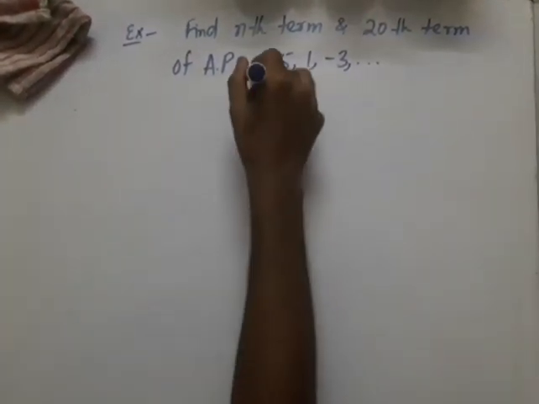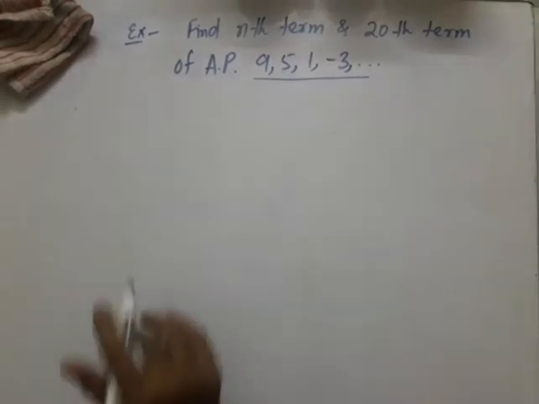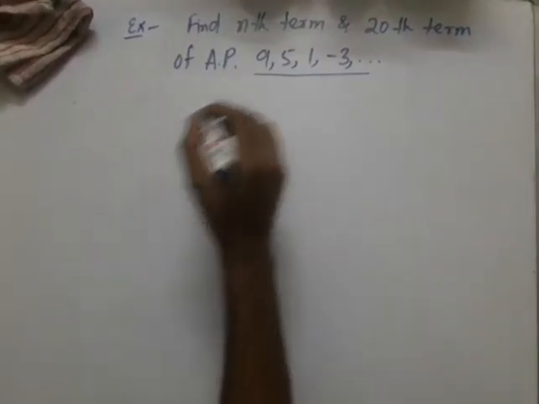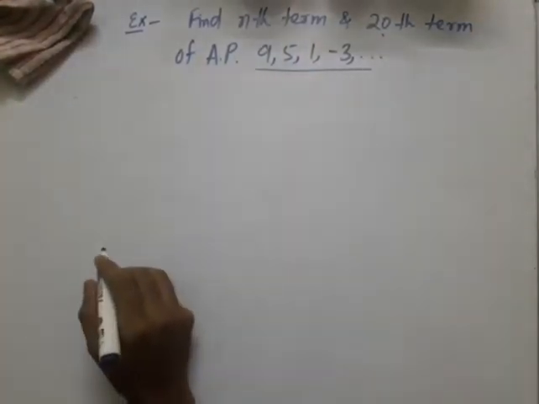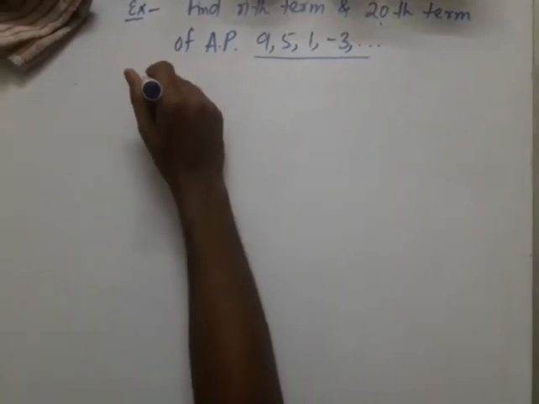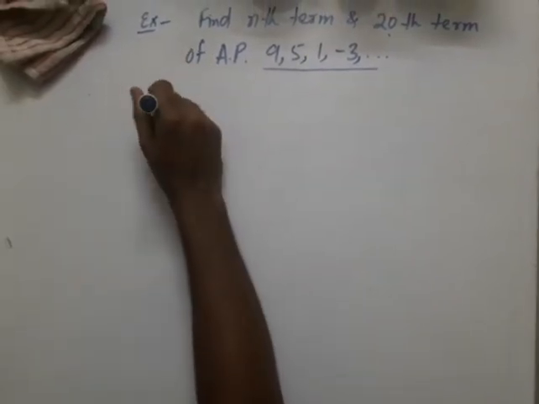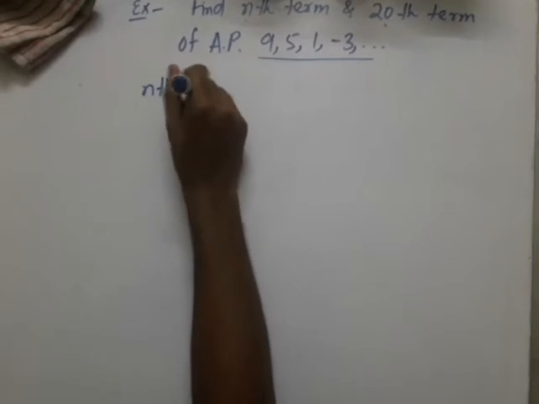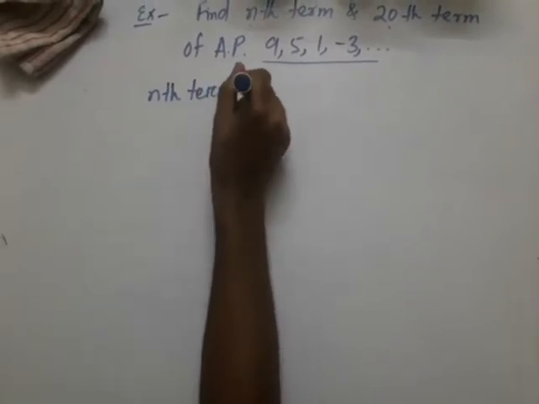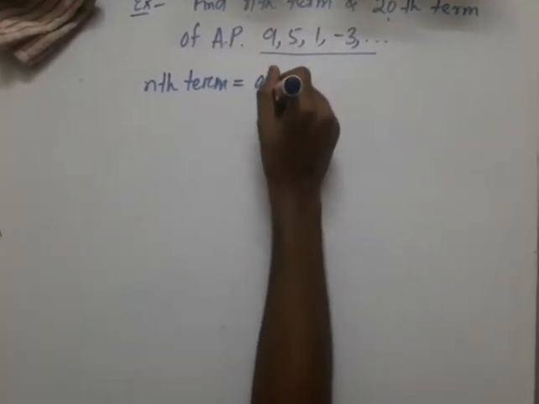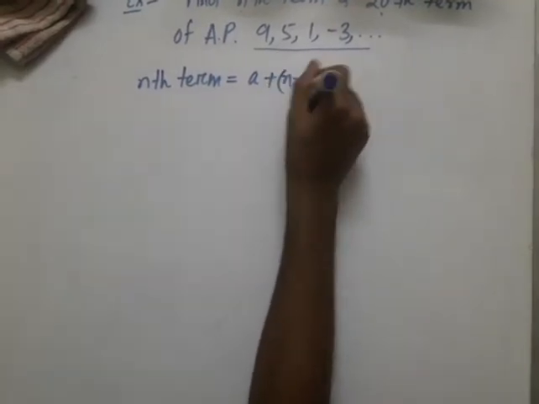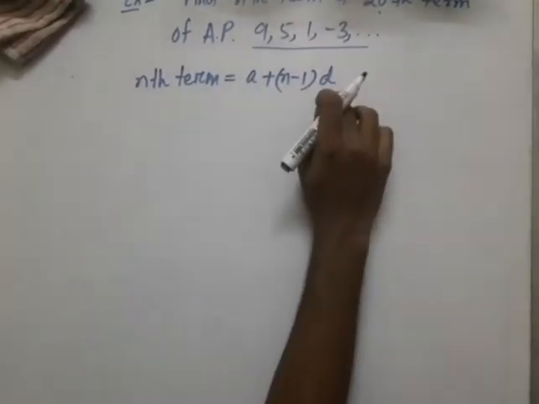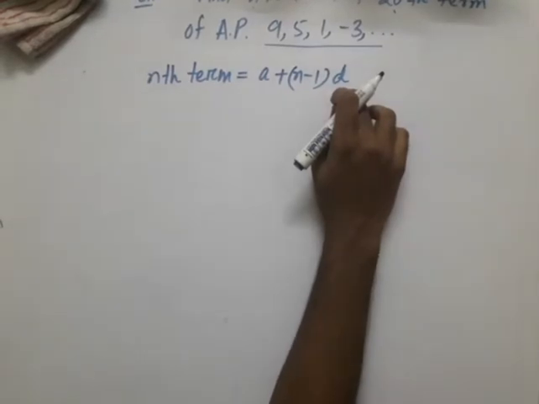Now for this particular arithmetic progression we have to find the nth term and we have to find the 20th term. Okay, as I have told you in the previous problem that the nth term formula we have as a plus n minus 1 into d, where d stands for the common difference.